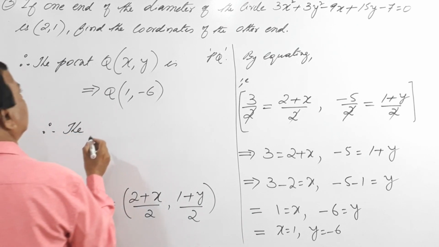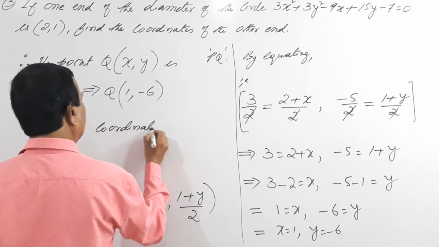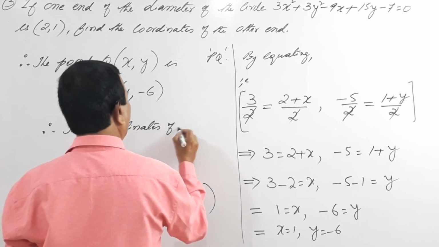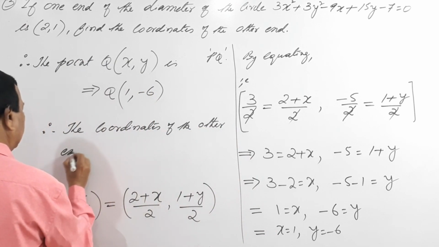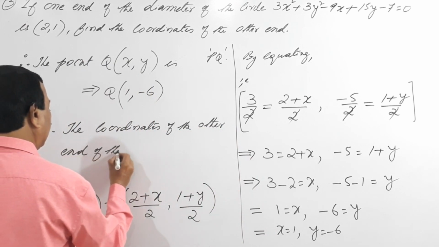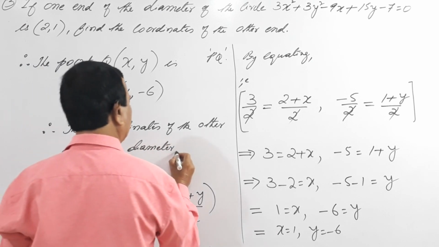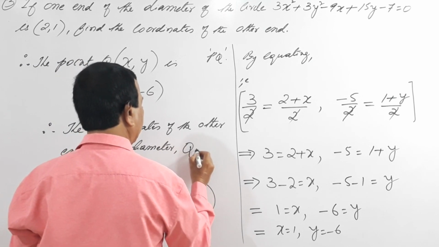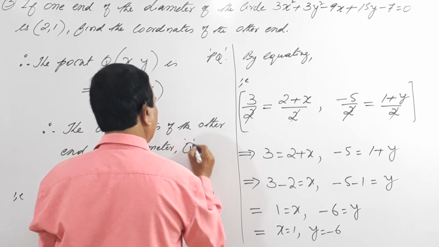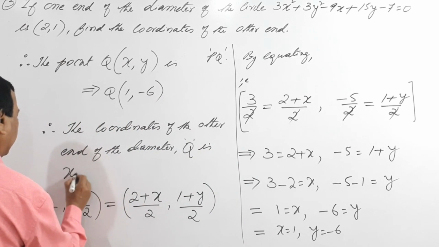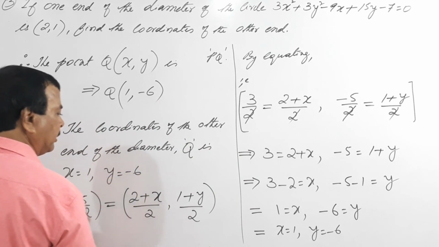The coordinates of the other end of the diameter, that is Q, is x equals to 1 and y equals to minus 6.